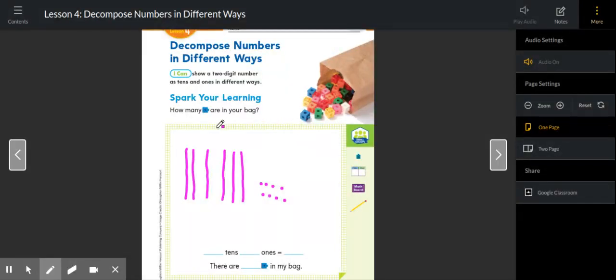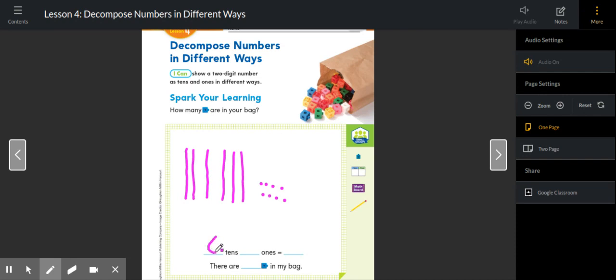So let's check our thinking. I have 68 Cheerios. That would be, ready, count with me, 10, 20, 30, 40, 50, 60, stop, 61, 62, 63, 64, 65, 66, 67, 68.